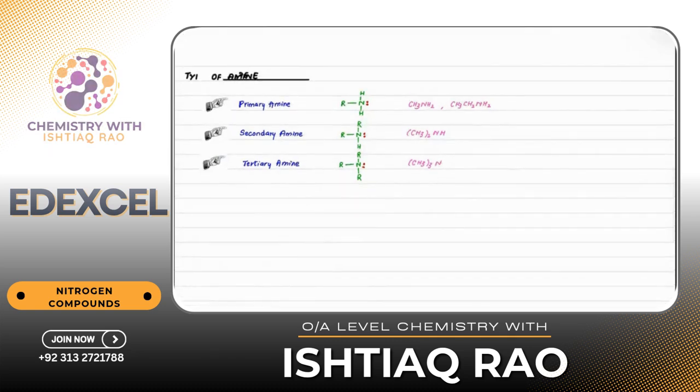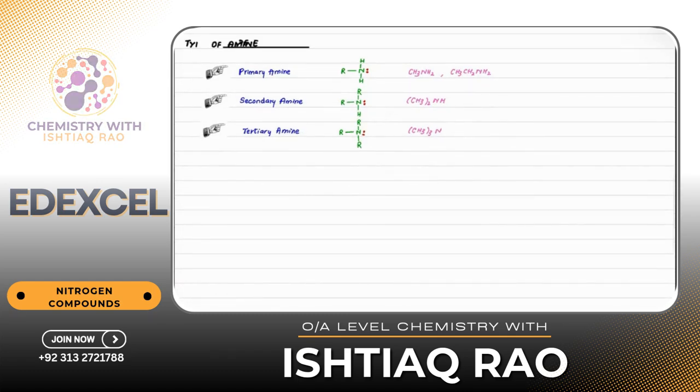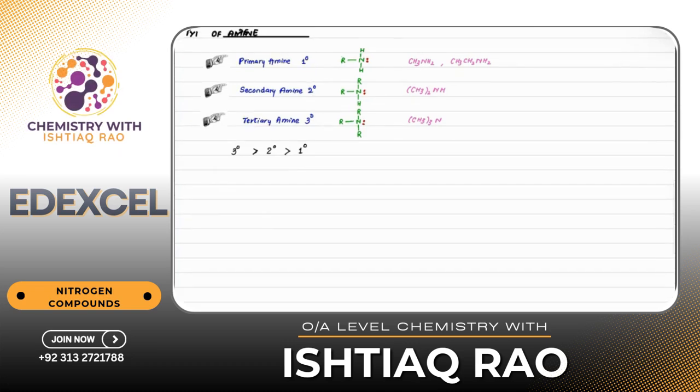Okay, so primary amine is also called 1 degree amine, 2 degree amine, and then 3 degree amine. So remember, 3 degree amine is more basic than 2 degree amine, and then 2 degree amine is more basic than the 1 degree amine.